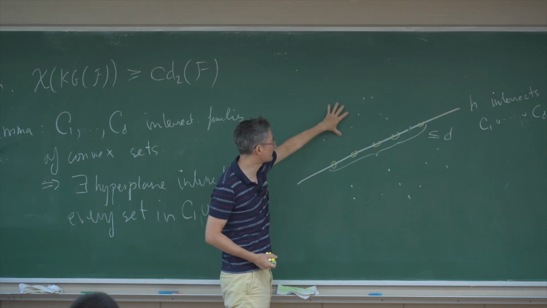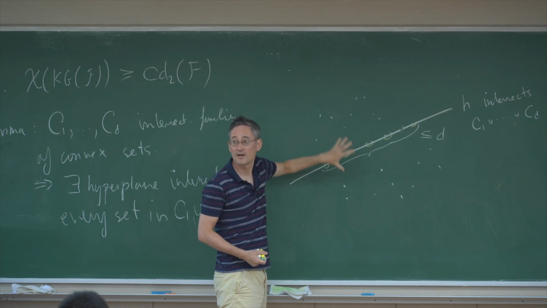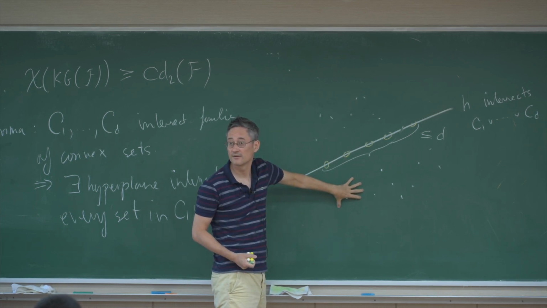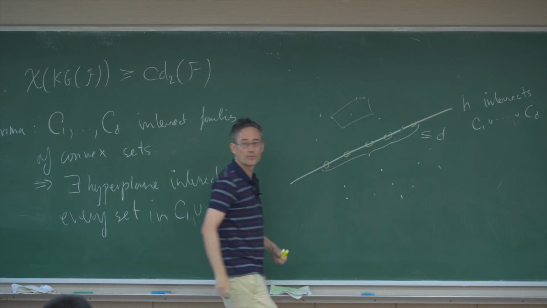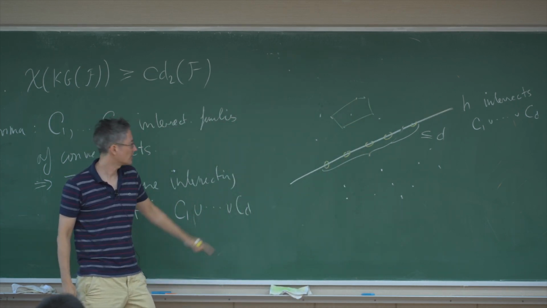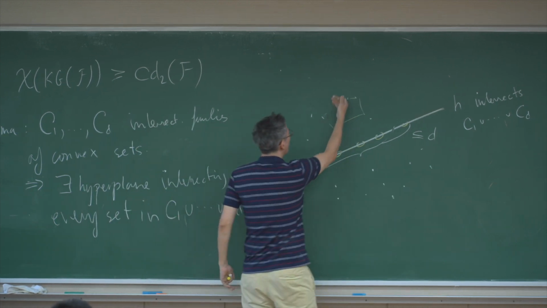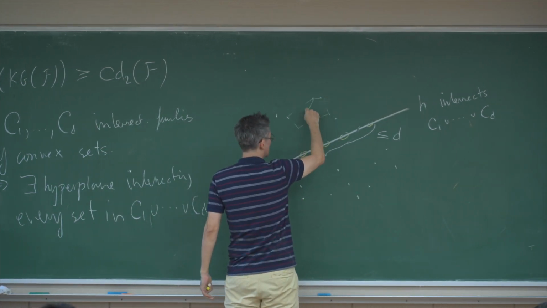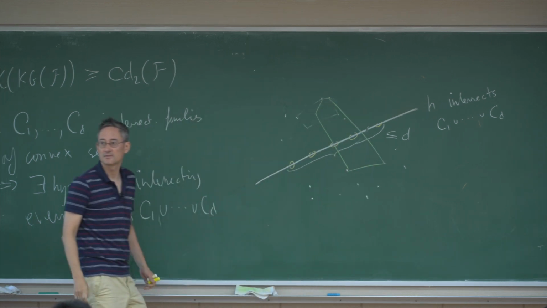The remaining convex sets have vertices from here and here. There cannot be any convex set whose vertices only live on one side. Why is that? Well, this hyperplane isn't intersecting it, right? So all the remaining convex sets pick up vertices from both sides.